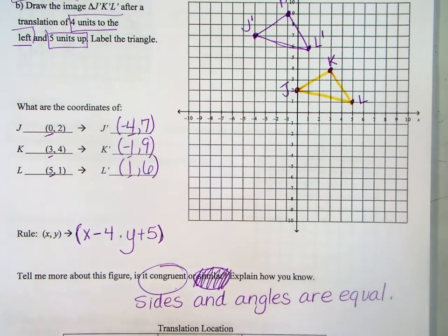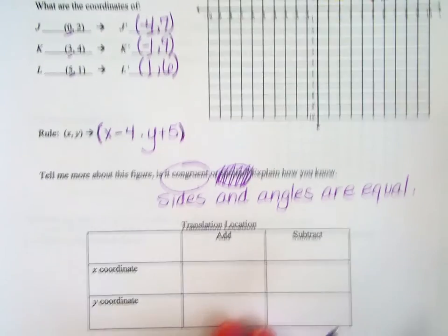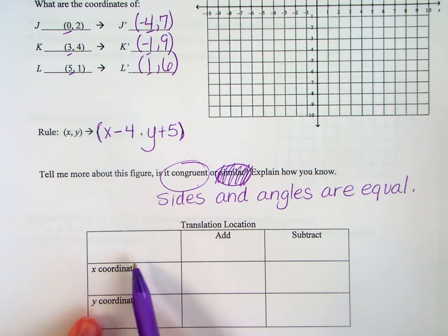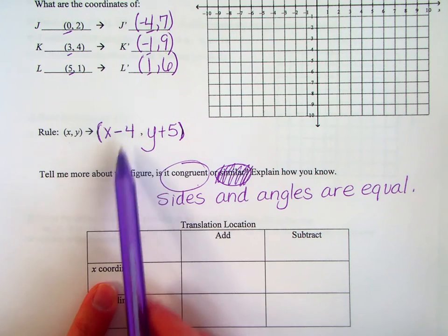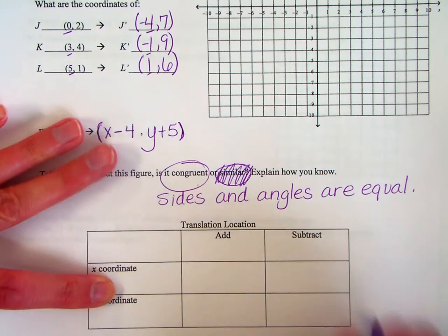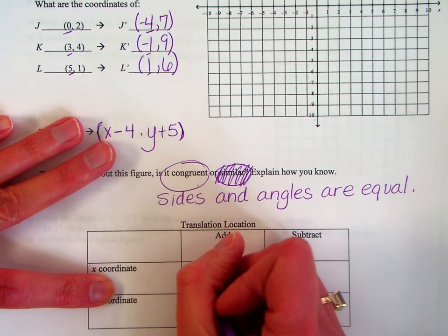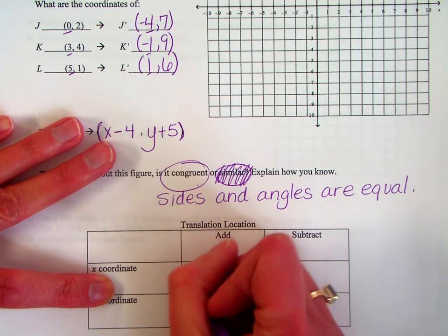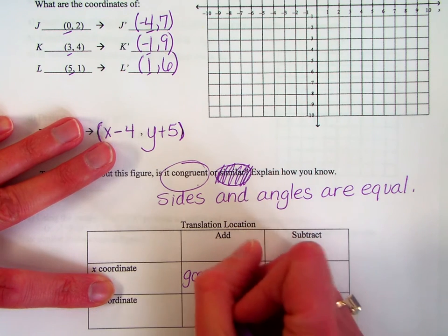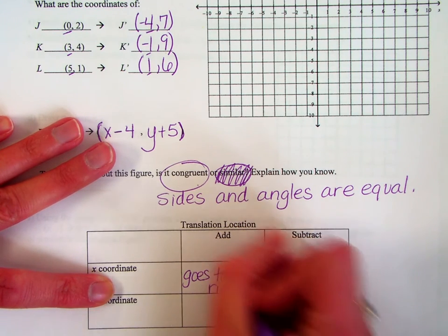Okay, notice your translation location for your x-coordinate; this kind of helps you when you're writing your rules. You're always going to add if it goes to the right. So if we move to the right, we'll be adding to the x value.